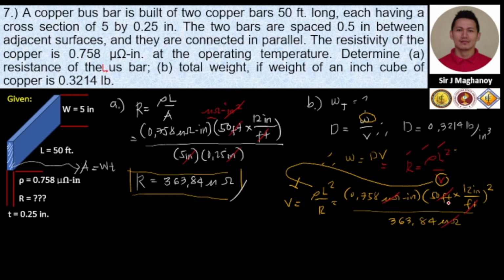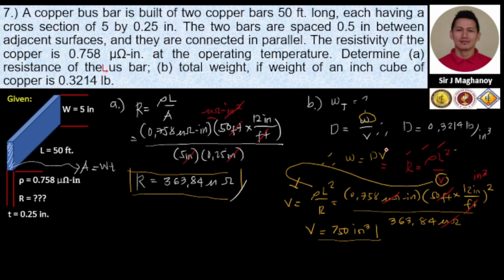So the remaining unit at the numerator is your inch times square inch, that is cubic inch. Okay, so solving for your volume, that is 750 cubic inch. Okay, so we have the value of our volume.